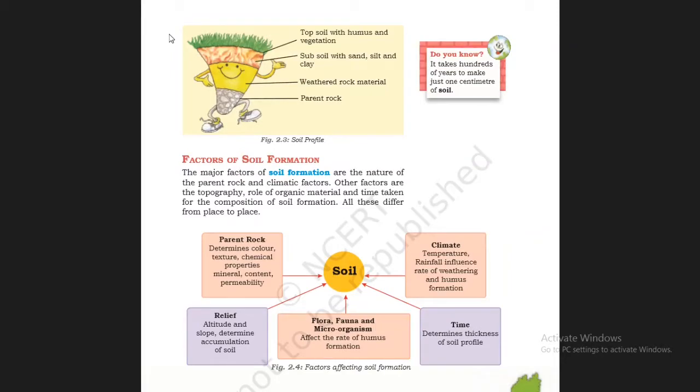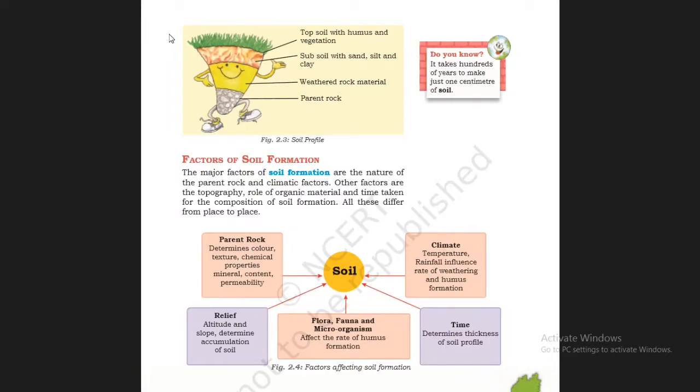Welcome, children. Let us continue the second part of Geography, chapter number 2. The name of the topic is Land, Soil, Water, Natural Vegetation, and Wildlife Resources.